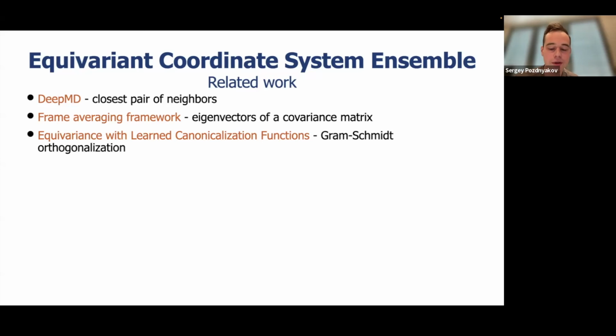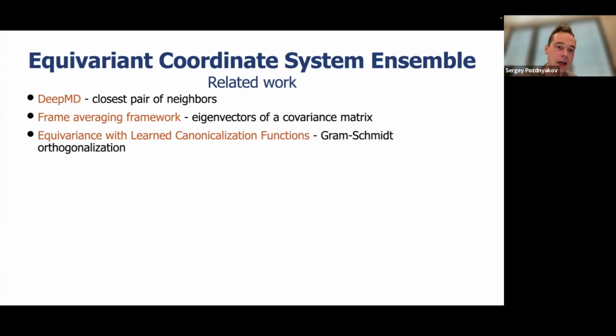Eigenvectors of a covariance matrix sometimes also jump in a discontinuous manner. Namely, they are not well defined when the eigenvalues of this covariance matrix are degenerate.